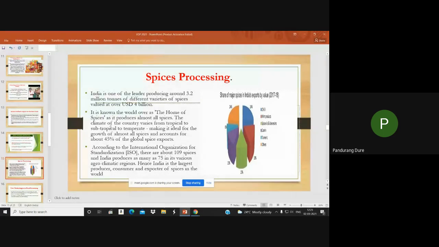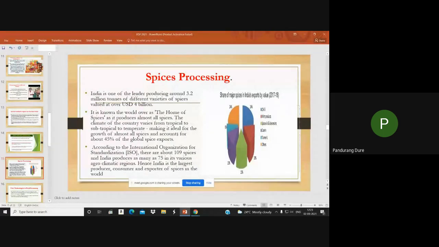According to ISO, the International Organization for Standardization, there are 109 spices present all over the world. Out of that, 75 spices are produced in India.